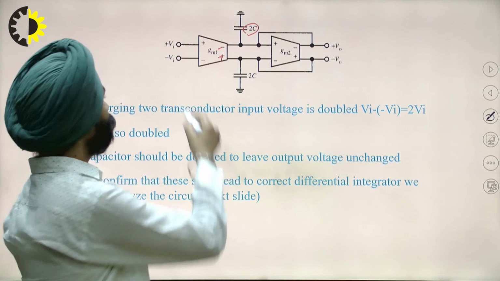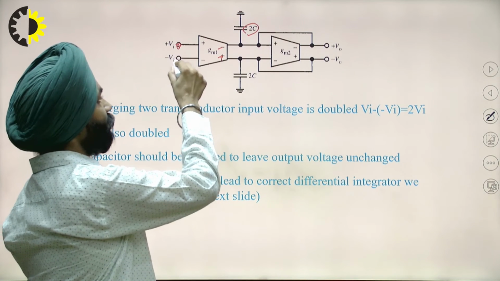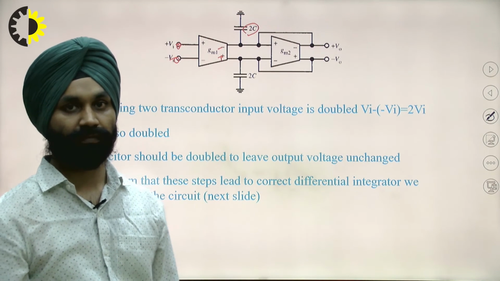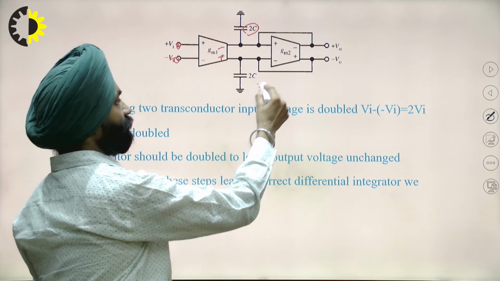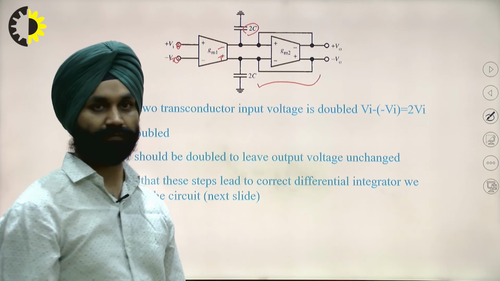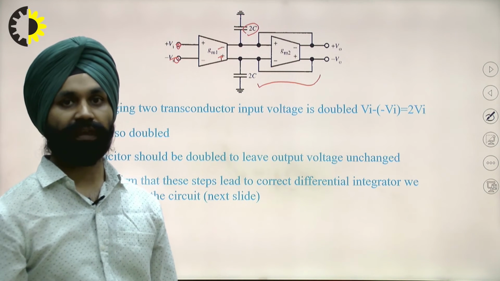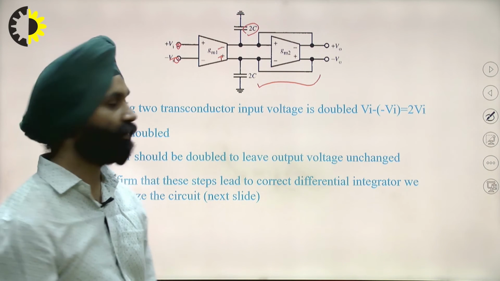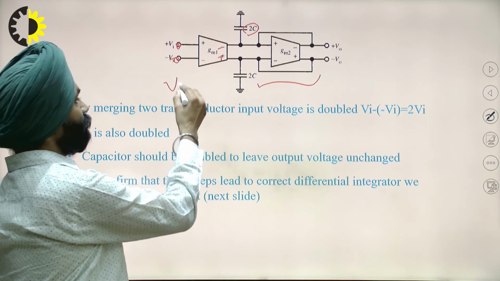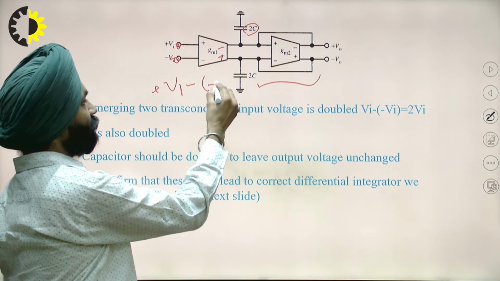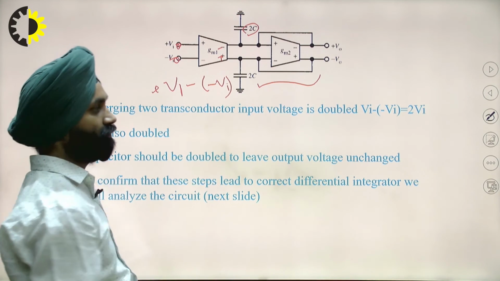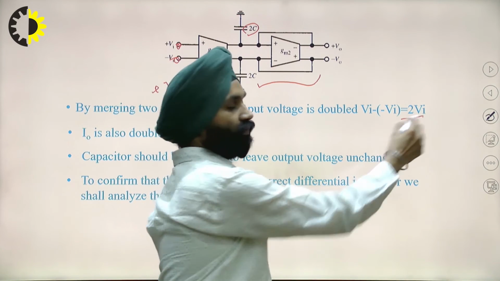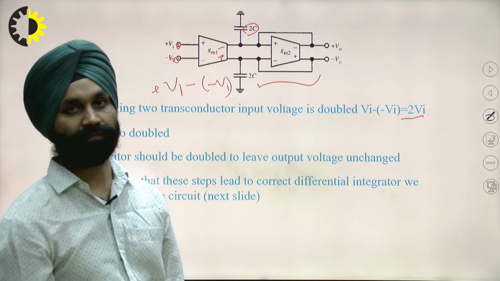One voltage is at the positive, one voltage is at the negative, and a resistance over here. So the input voltage is doubled, Vi minus of minus Vi, so it gives twice Vi.